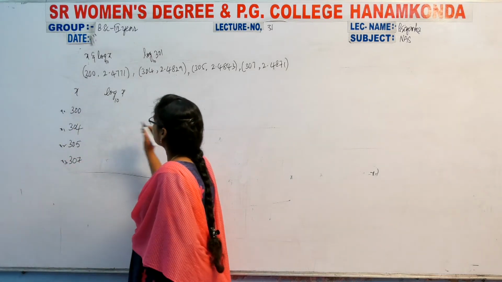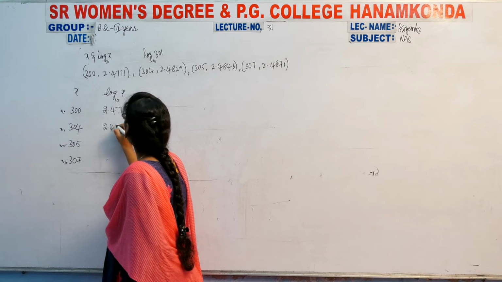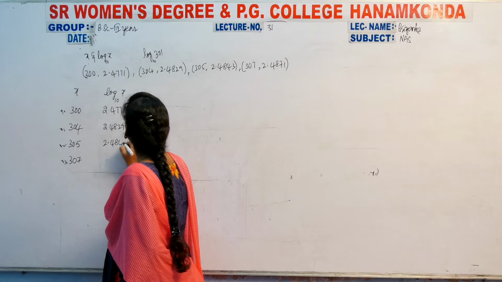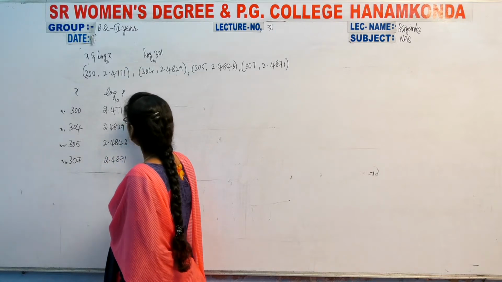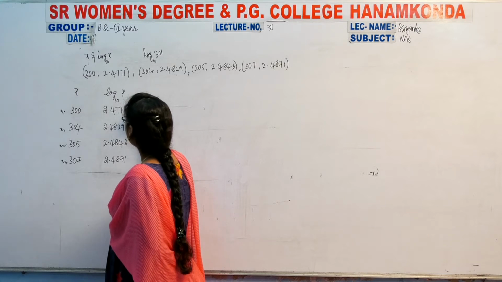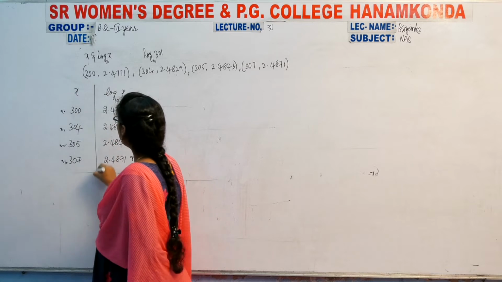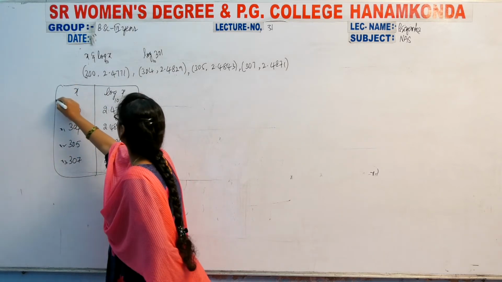Next, 2.4771, 2.4829, 2.4843, 2.4871. These you can take as y0, y1, y2, y3. Okay. So this is the table from the given information I found.